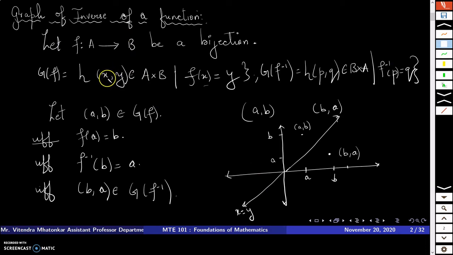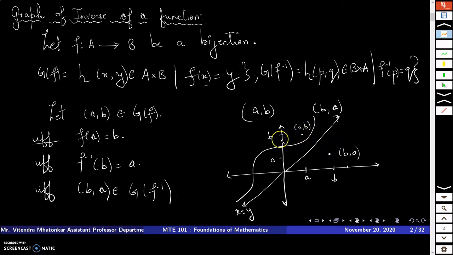The graph of f inverse will be the mirror image, or the mirror reflection, you can say, about the line x equal to y of the graph of the function f. Okay, so if you say this is the graph of your function, I'll just draw a rough one.